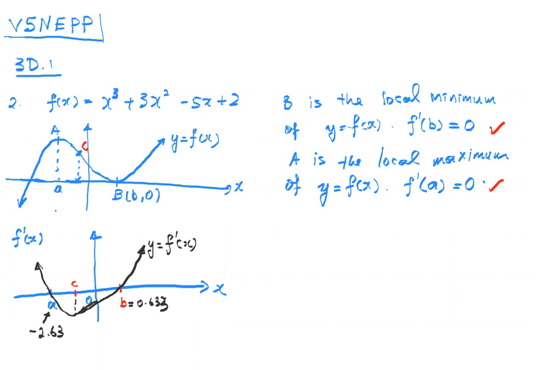If I want to draw the sign diagram of f prime x, now there is no boundary, so I must mark down 2 points.